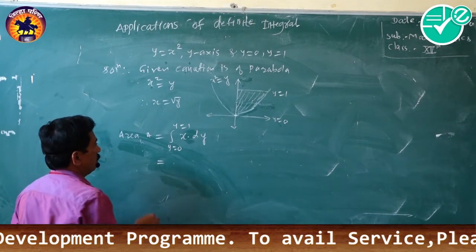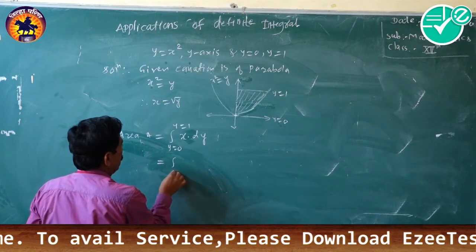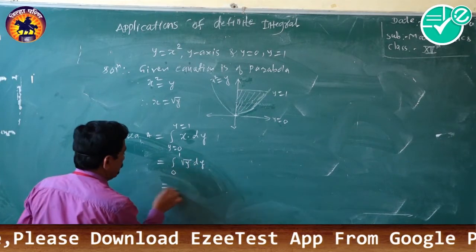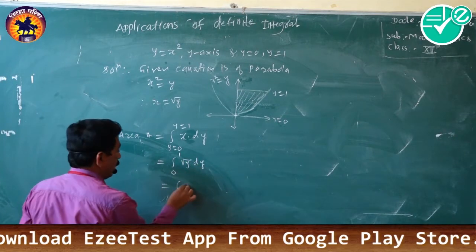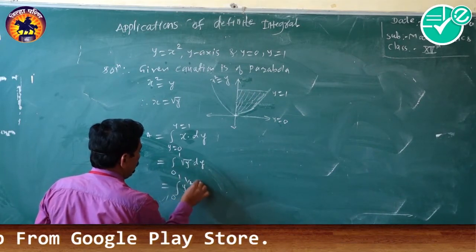This is equal to, now value of x is root y, 0 to 1 root of y into dy. This can be written as y raised to half integration from 0 to 1 dy.